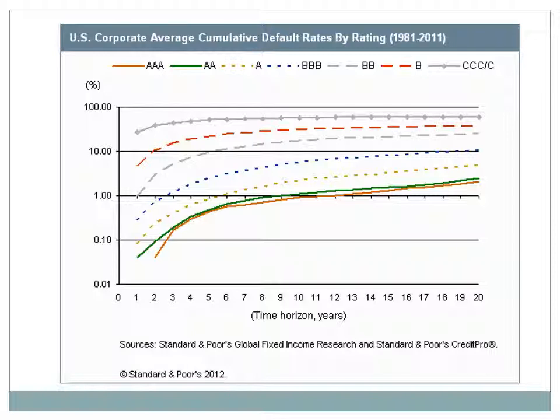I kind of went a little graph crazy here. This is from that same report. I like this. This just shows you what the title says: the cumulative default rates by rating. And the curves look like they should look. You'll see the orange curve there is AAA rated bonds.